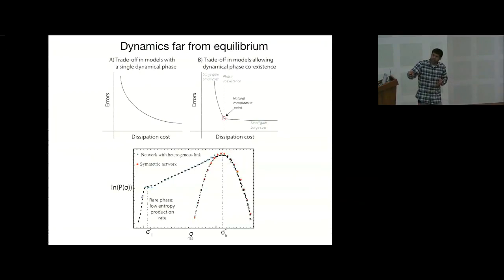If I were to plot a distribution of energy consumption rates, you almost always find curves that look a lot like the kind of landscapes you draw out for equilibrium liquids and so on and so forth. If I were to plot the log of the probability of sampling a certain dissipation rate, I get a distribution that looks like the blue curve.